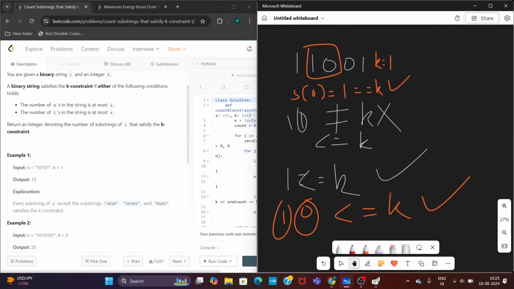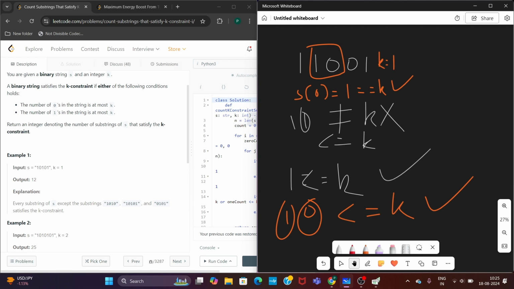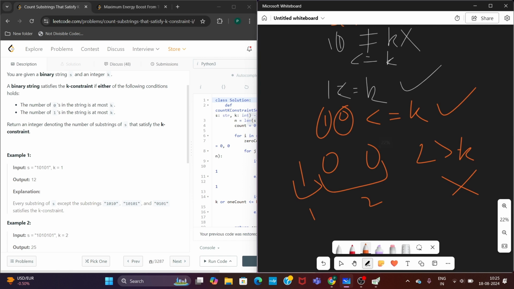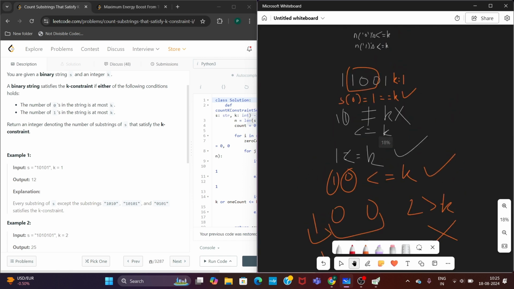Now we have 100. Our next substring is 100. In 100 we have two zeros and one 1. Basically 2 is greater than k, so our condition holds false over here as it is not less than or equal to k.